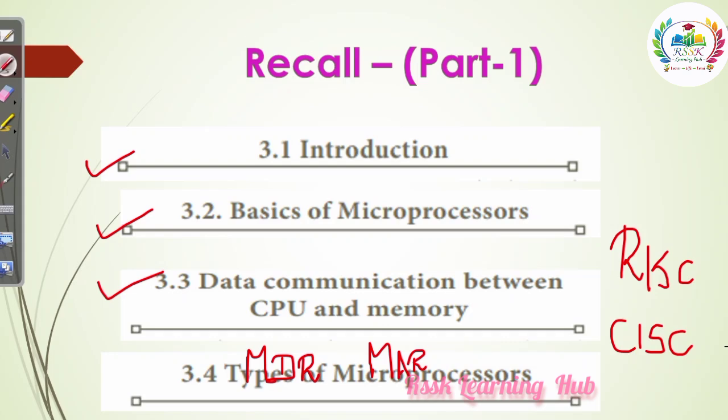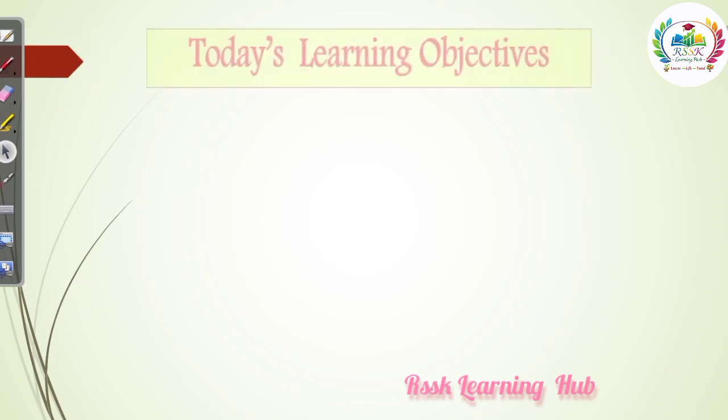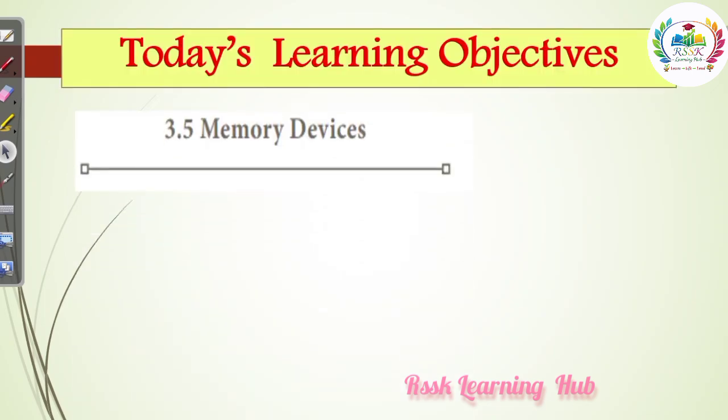In today's class, we are going to learn about memory devices. What are all the memory devices available in your computer organization? Now we'll see the learning objectives of today's class. We are going to learn what a memory device is.